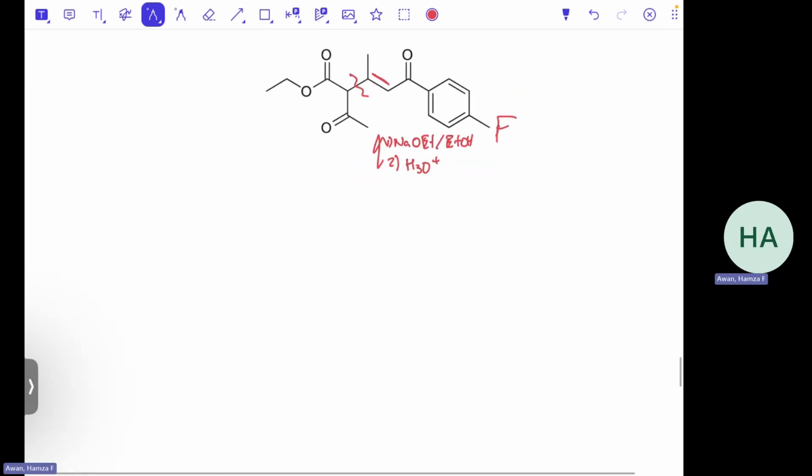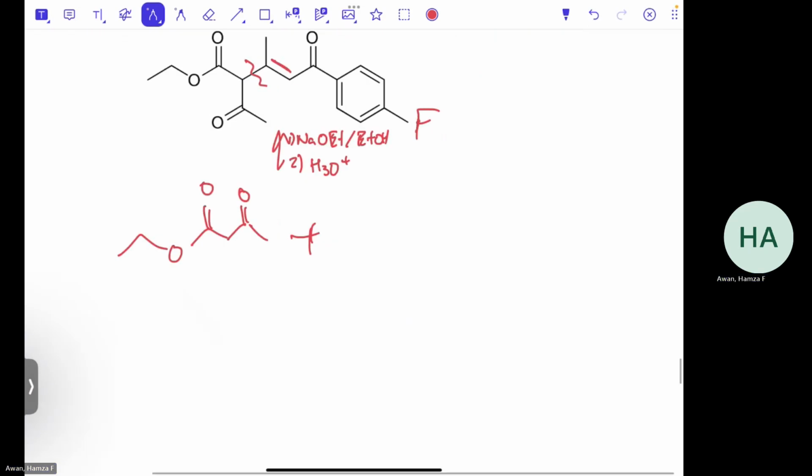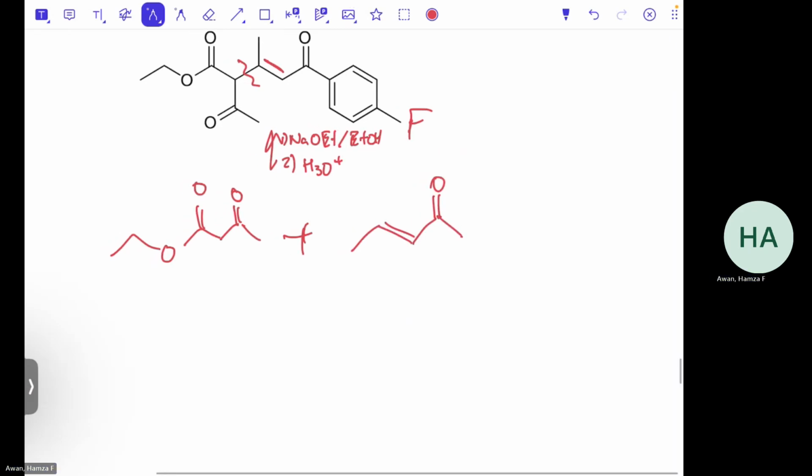So that's going to form these two products, this, I suppose, plus our Michael acceptor, like so, and our fluorine right here.